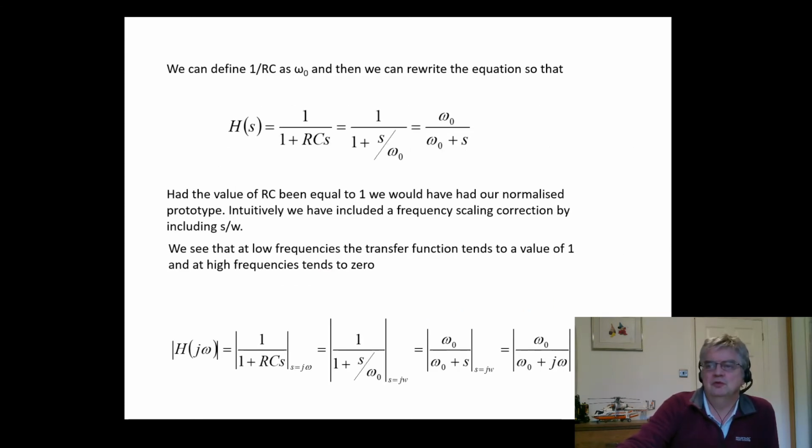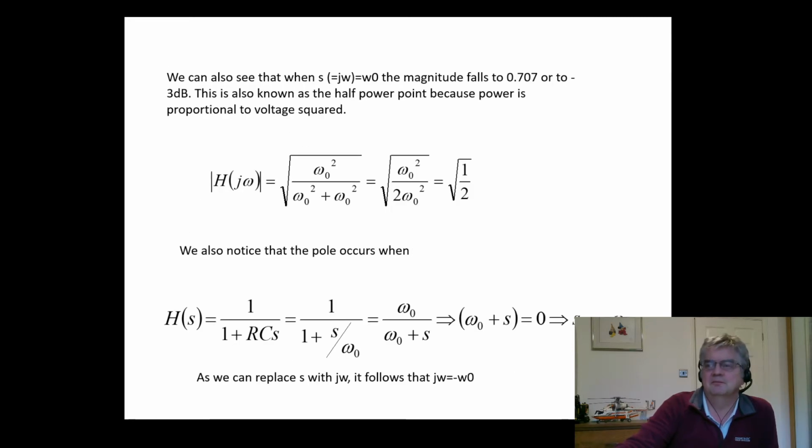We had a look through and did some basic maths on it, and ended up identifying a half power point where the magnitude actually falls to 0.707. So remember, this is voltage, the magnitude, so voltage squared is power, so if we square that we get half, which is why it's called a half power point.